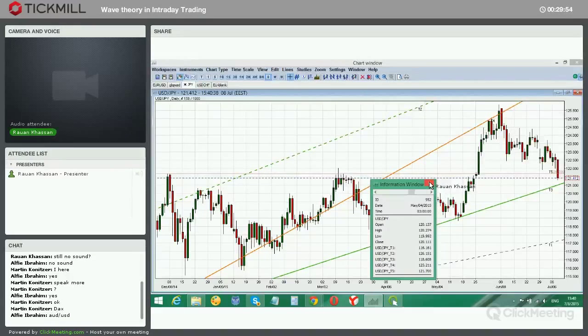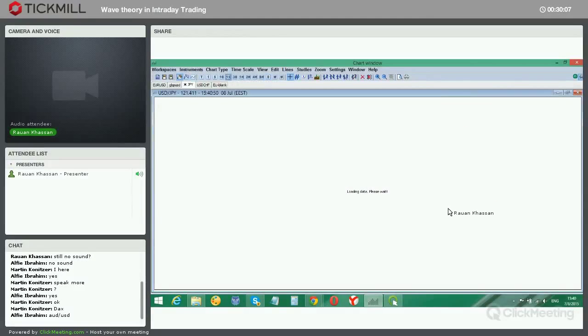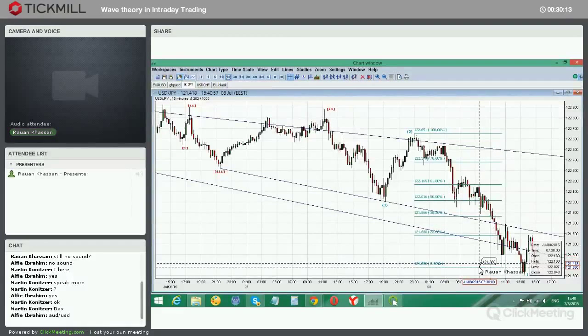Basically, this is the dynamic support level that we can use in line with wave theory. Back to the intraday chart, which suggests that we may expect one more leg down as the probable exit case for the short trade, or on the other hand, an entry level for the long trade.